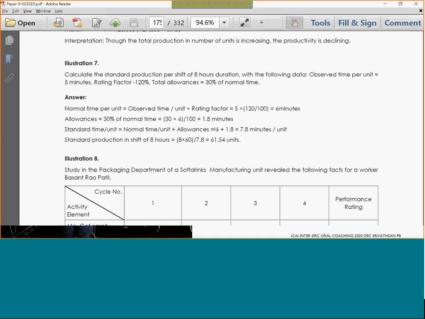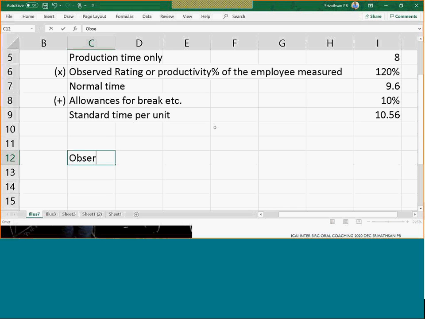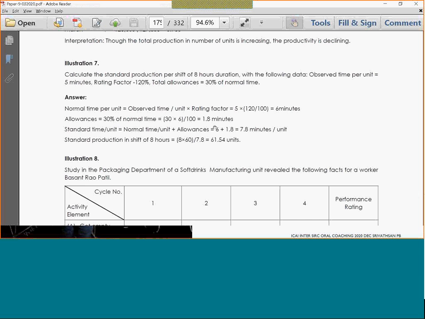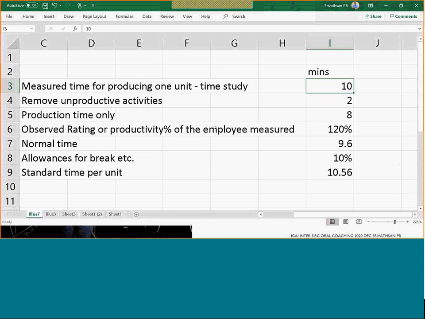Production for 8 hours. Observed per unit is 5 minutes. Rating factor 120. Allowance is 30% of normal time.